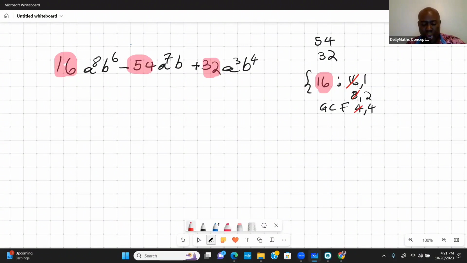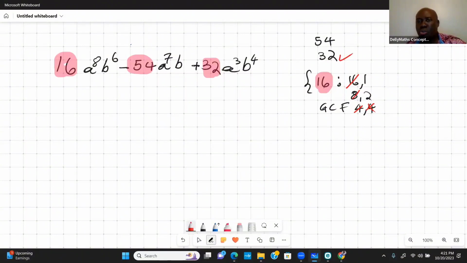So can 4 go into 32? Yes. All right. Let's see again. Can 4 go into the 54? No, we can't. There is a remainder. So 4 cannot be used. And at this time, definitely 2 will be our greatest common factor.